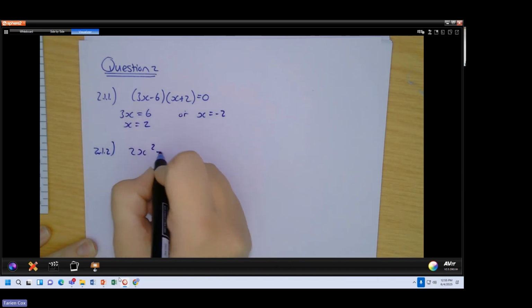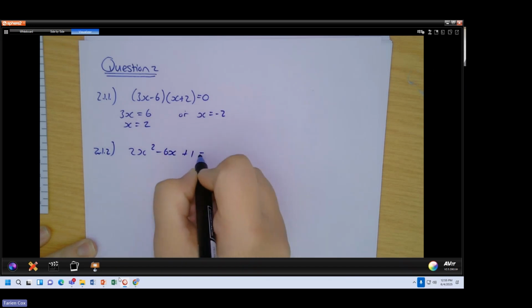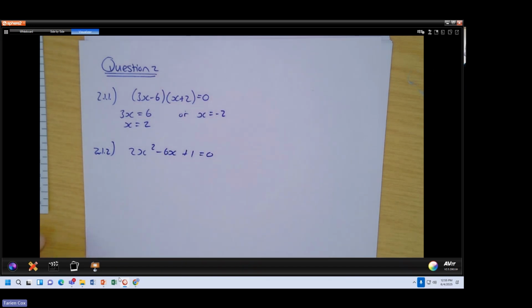We're getting to 2.1.2. I've got 2x squared minus 6x plus 1 is equal to 0. Again, it says on the question, correct to 2 decimal places. Because they say correct to 2 decimal places, we know we're not going to bother with the factors.